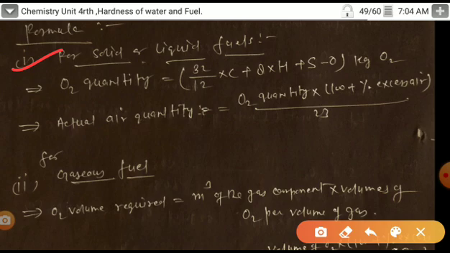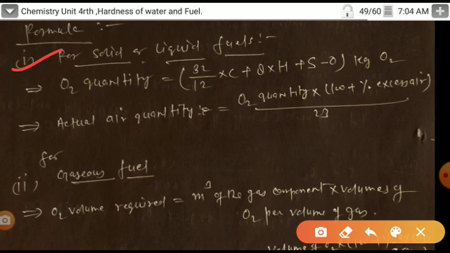In a fuel, carbon, hydrogen, and sulfur may be present for combustion. So, what is the formula used to calculate the total amount of oxygen required for the complete combustion of a particular fuel?